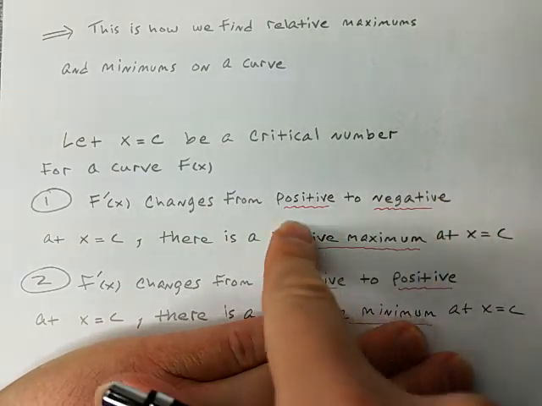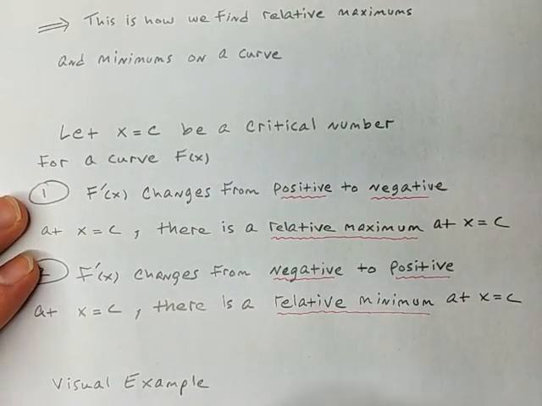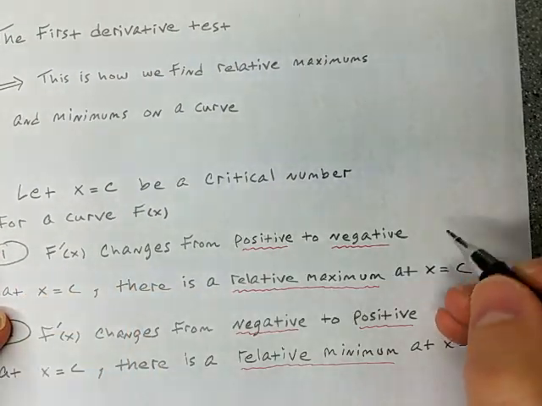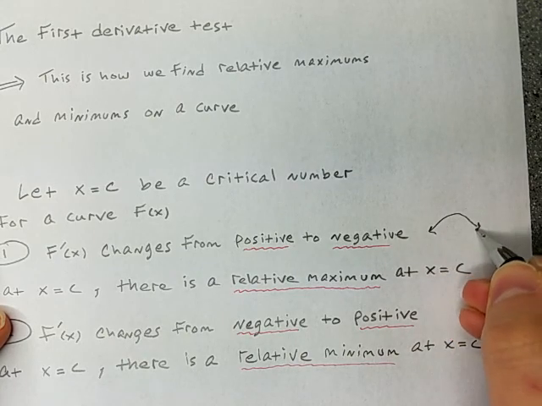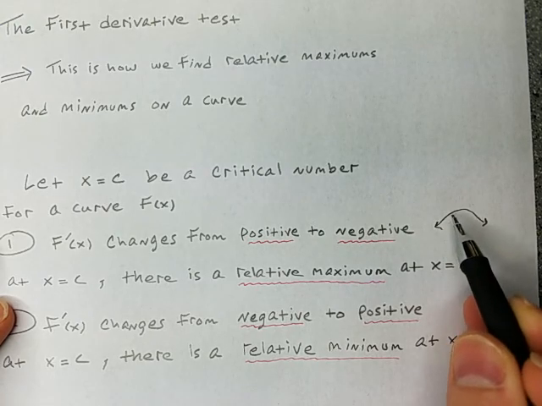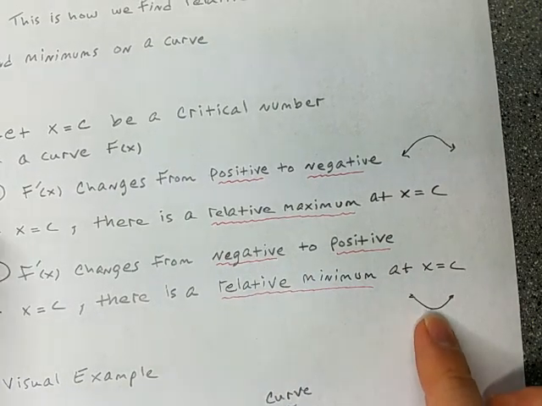Think of that shape, falling to rising. There must be a relative minimum. All I'm saying is that in this first case, we're looking at something like this. Well, of course, there's a maximum. Rising, falling. And then here, falling to rising. There must be a minimum. Because that's what it looks like.